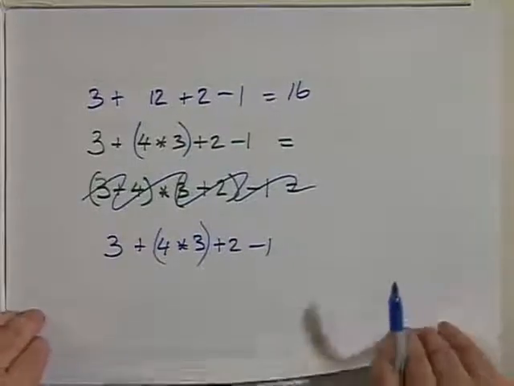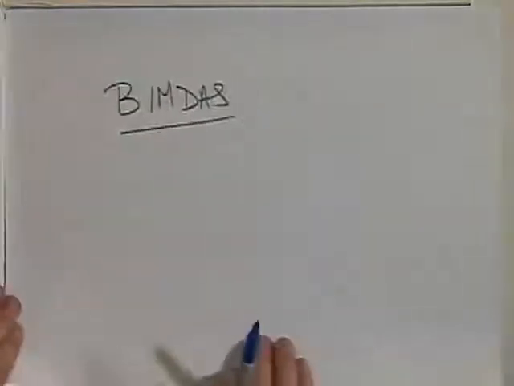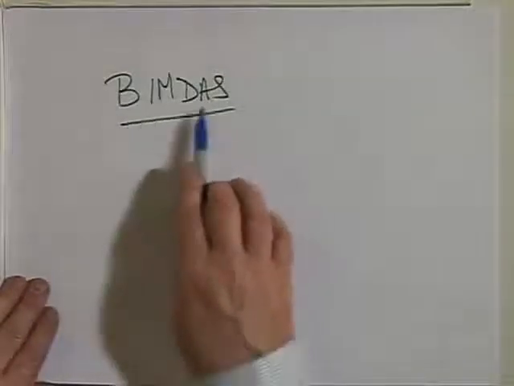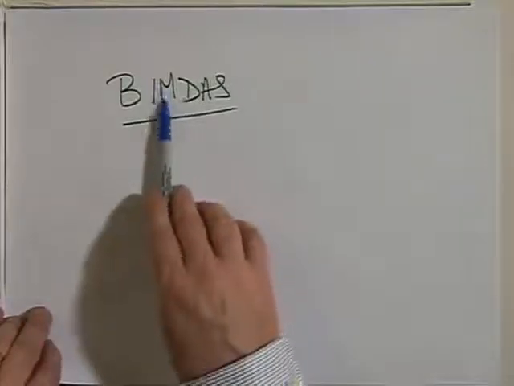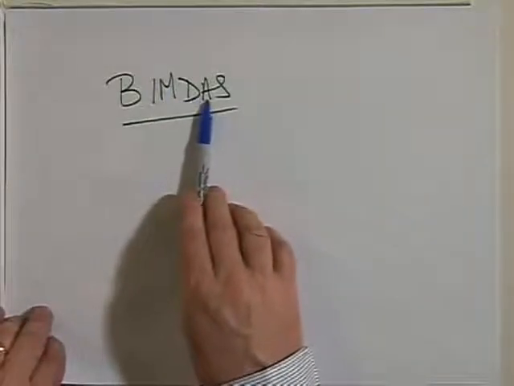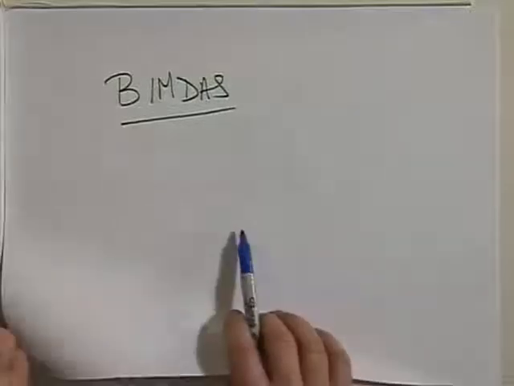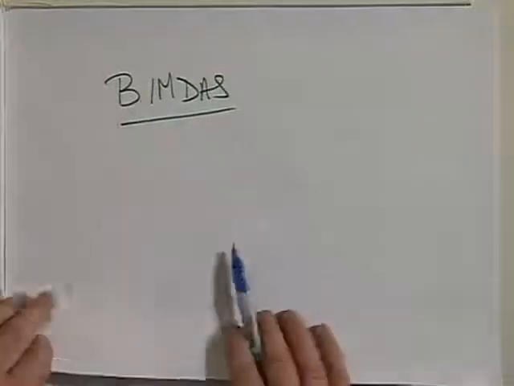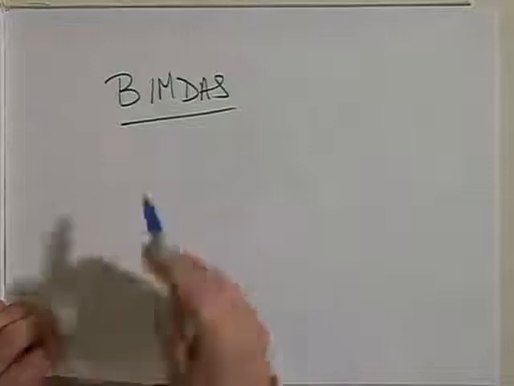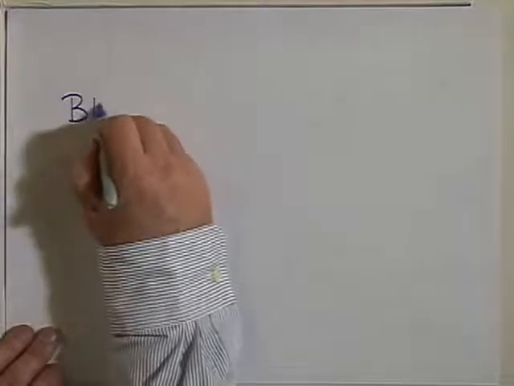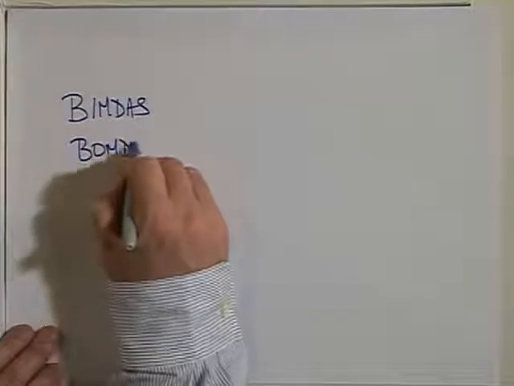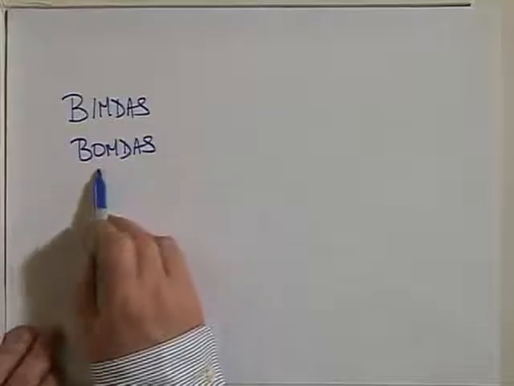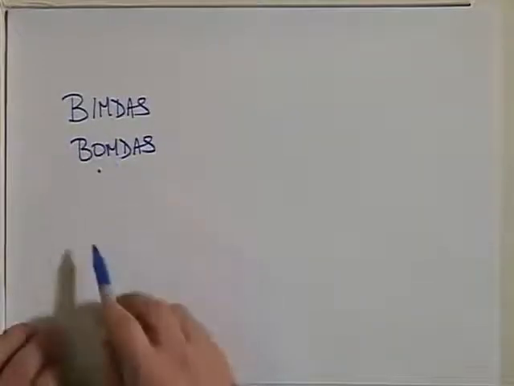And this convention came about, and they call it BIMDAS, where you do your brackets first, and then multiplication, division, addition, and subtraction, and here we're talking about the powers. In Ireland we call that BIMDAS, or BOMDAS, brackets of, we are talking about the power of something.